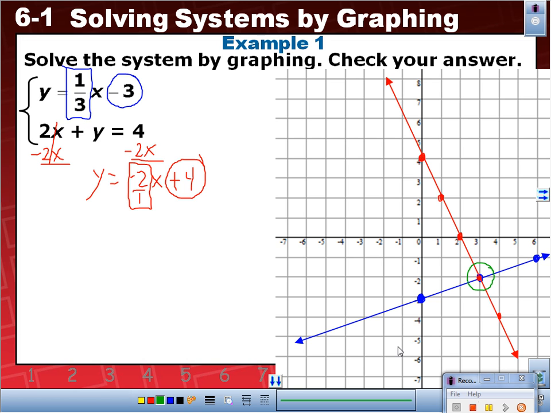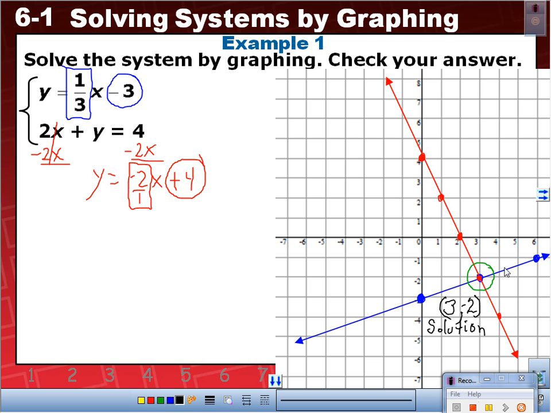Right next to it, I write the coordinate of that point. My x value is 3 and my y value is -2, so this point is 3, -2. That is known as our solution. The solution to this system is one point, the point where both lines intersect.